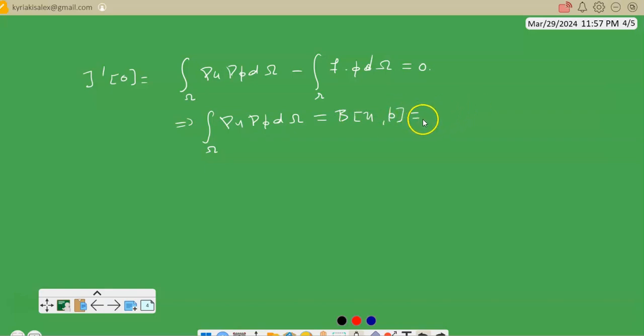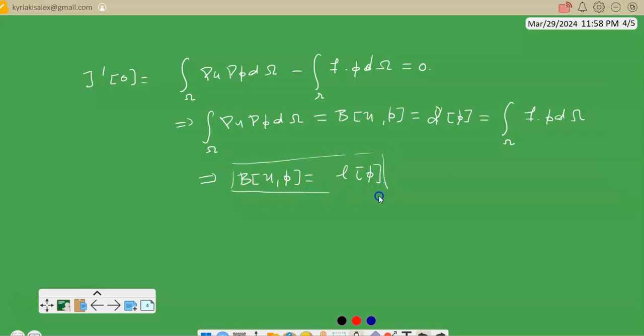And at the right-hand side, I have the linear functional, the linear functional of f, and this is the weak formulation for the Poisson equation.